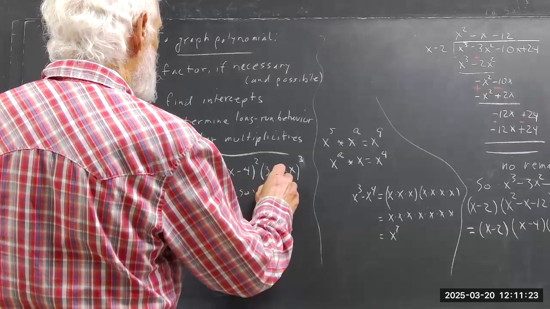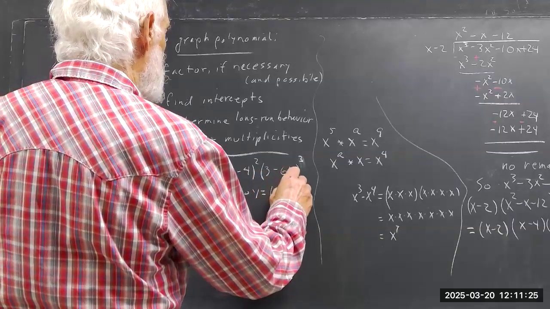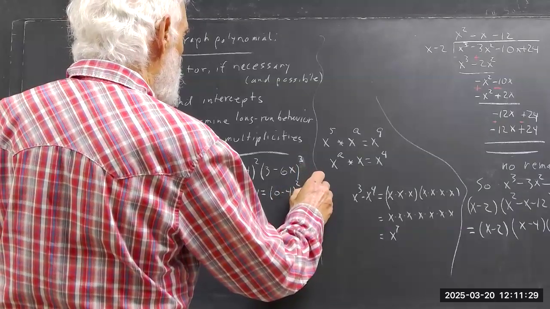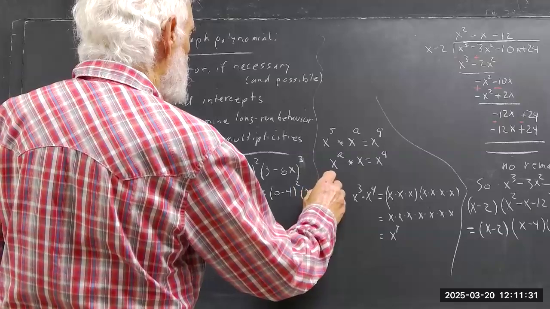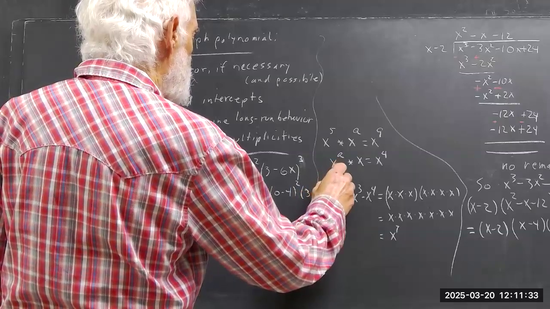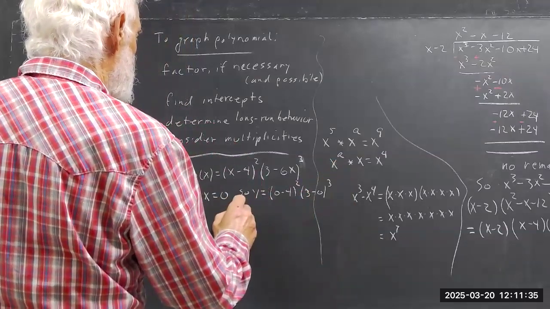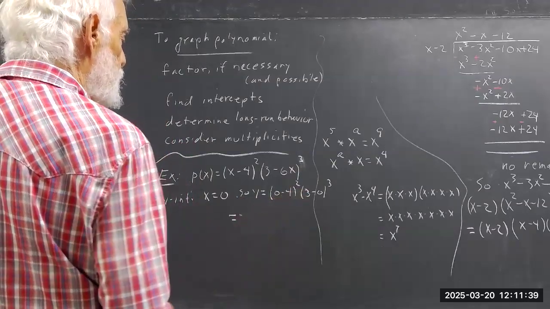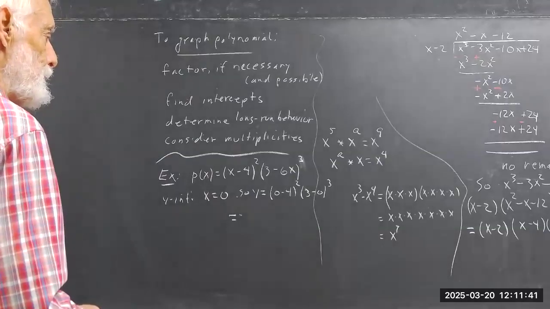So y equals 0 minus 4 squared times 3 minus 0 cubed equals what? 4 squared is 16, 3 cubed is 27.